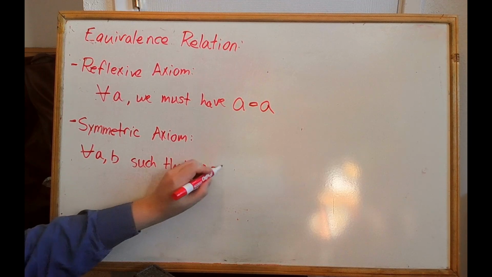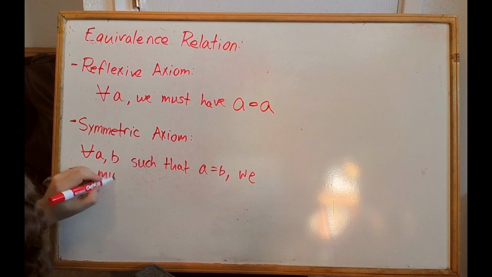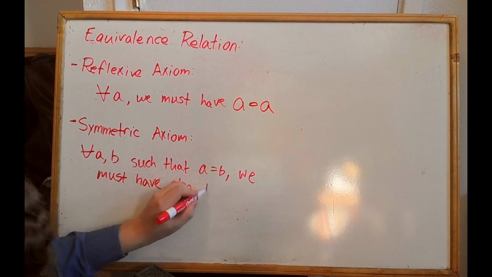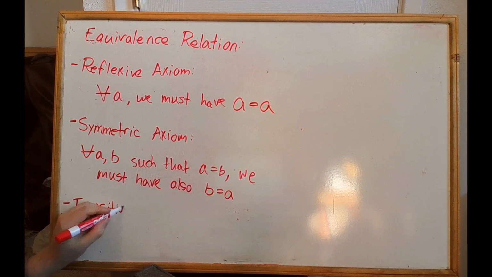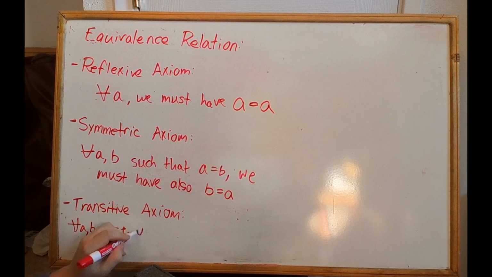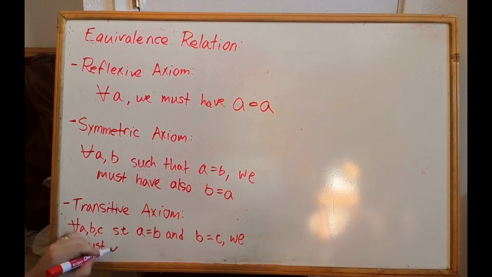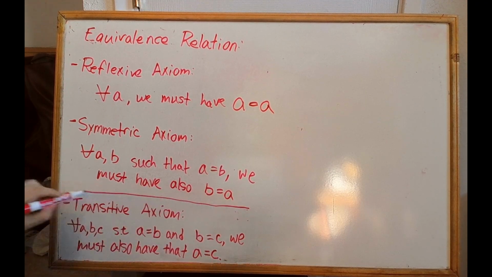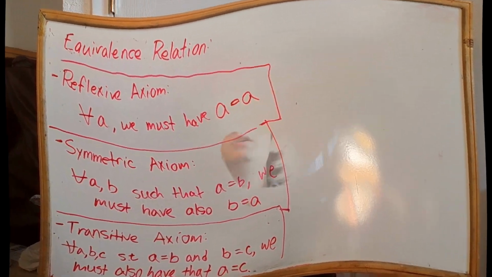With the symmetric, if A is related to B, then we must have that B is related to A. The transitive step: if A is related to B and B is related to C, then A is related to C. That's all it takes to be an equivalence relation, which gives us a tremendous amount of power when describing a certain structure.